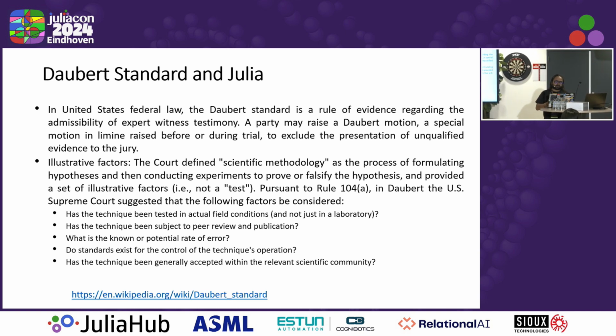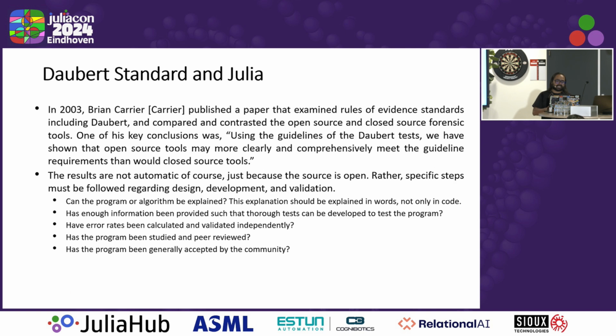Then, what is the known or potential rate of error? Do standards exist for control of the technique's operation? And finally, has the technique been generally accepted within the relevant scientific community? So there is a one-to-one mapping between illustrative factors and open source programming languages.